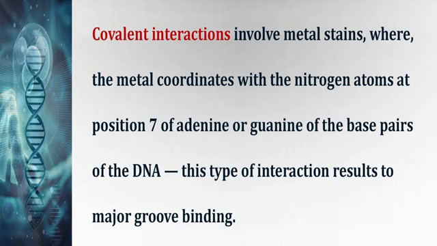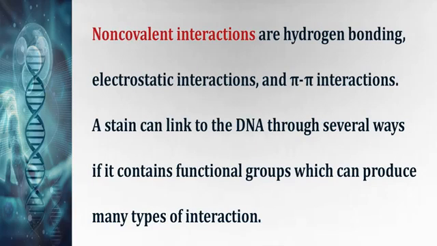This type of interaction results in major groove binding. Non-covalent interactions are hydrogen bonding, electrostatic interaction and pi-pi interactions. A stain can link to the DNA through several ways if it contains functional groups which can produce many types of interactions.